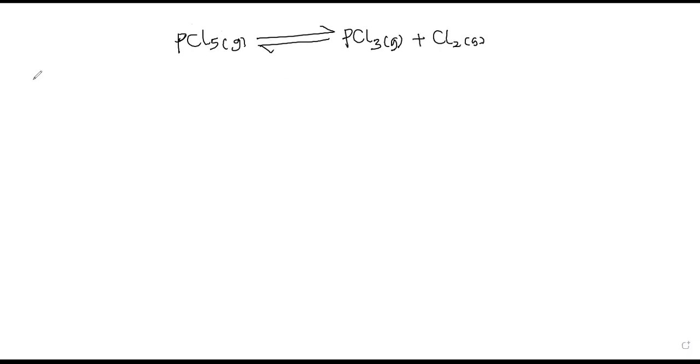So in this case, we have the initial moles. Initial moles of phosphorus 5 chloride that were heated were 0.401, and initially we don't have moles of phosphorus 3 chloride. At the same time, we don't have moles of chlorine.